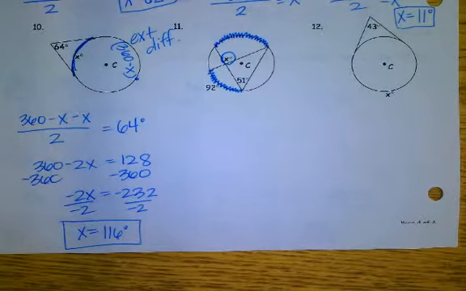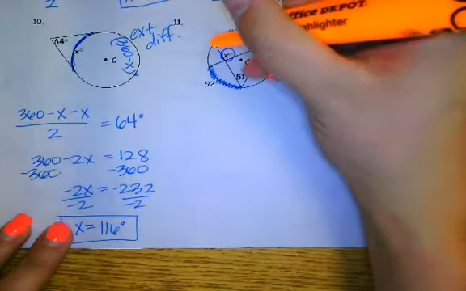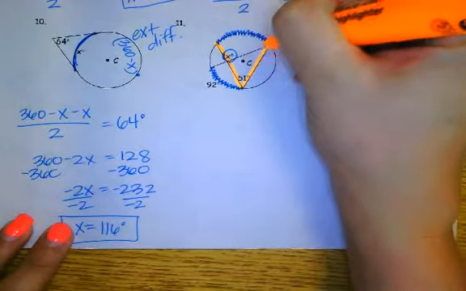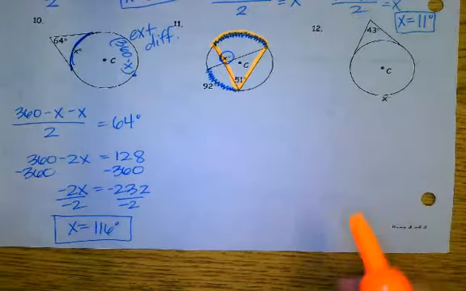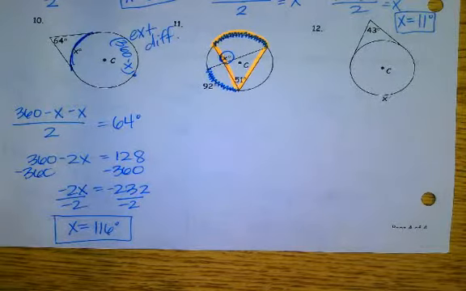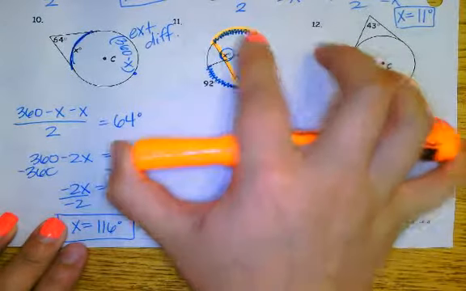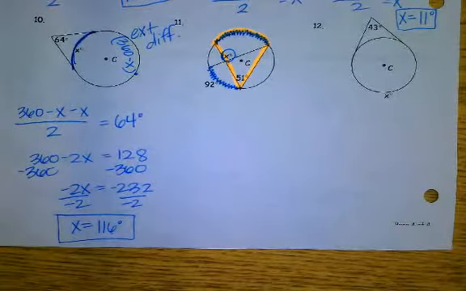How do you know it's 102? 51 times 2, because it is an inscribed angle. Notice your little ice cream cone: the vertex is on the circle. It opens up to that intercepted arc, so it's 1/2 the arc, which makes that 102 degrees.